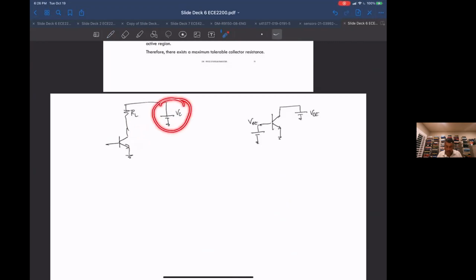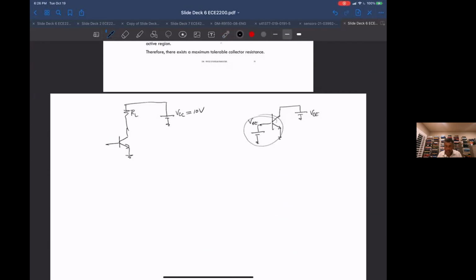This voltage is the power supply, and by convention, the positive power supply in bipolar circuits is almost always called VCC. Don't ask me why. So I'm going to call that VCC, which is 10 volts. The other thing that you have to be careful about is VBE.